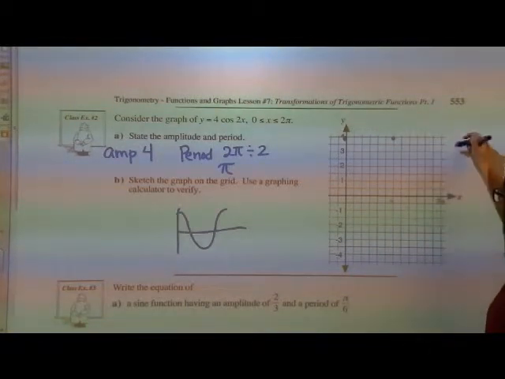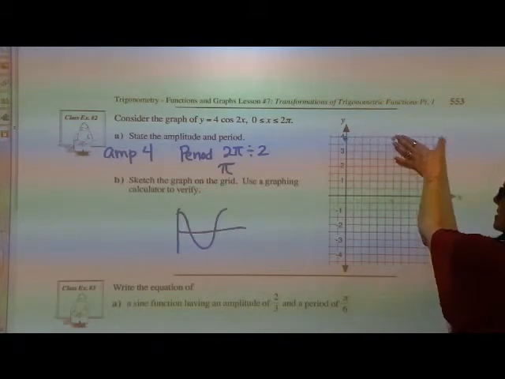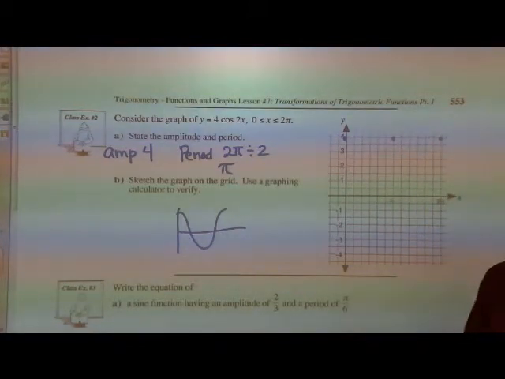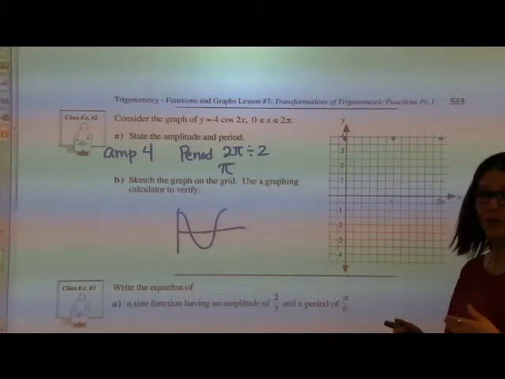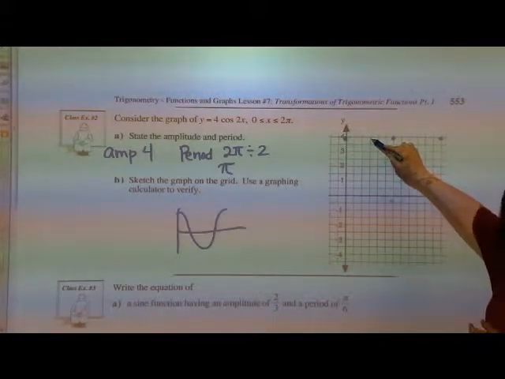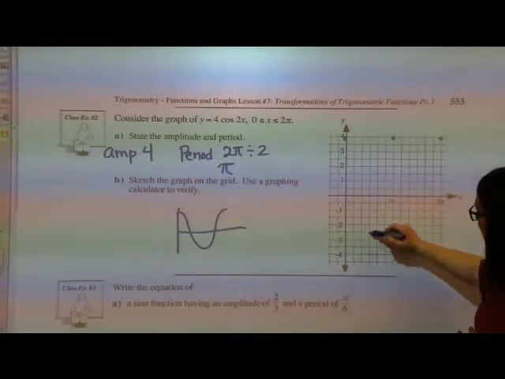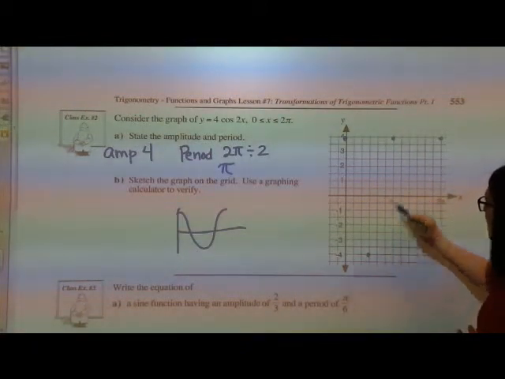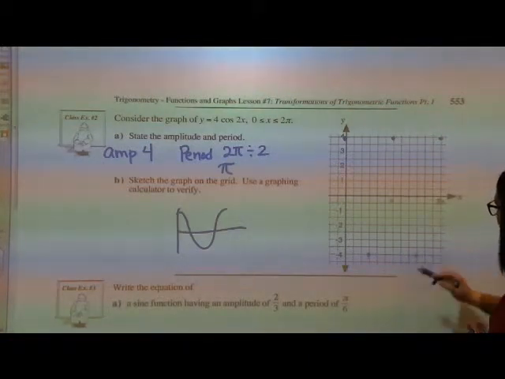Which then means it would be up to this maximum point again with the next, because this is an equal distance. What's the minimum value for this graph? -4. And when does it hit -4? Halfway in between. So halfway between 0 and pi is when it's going to be at -4. Halfway between pi and 2 pi, it would be at -4.